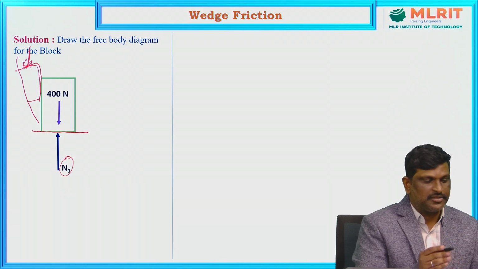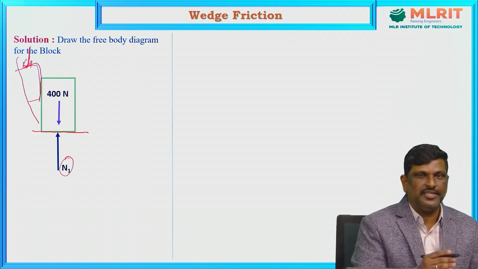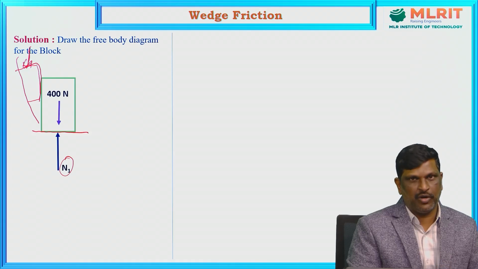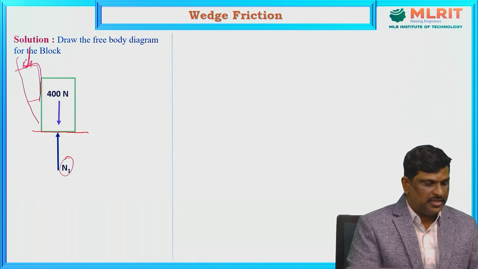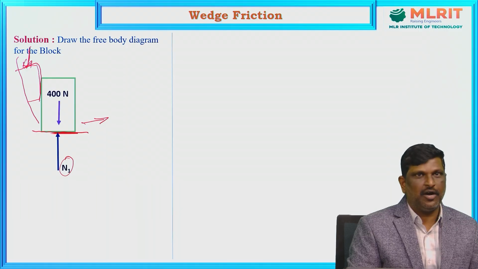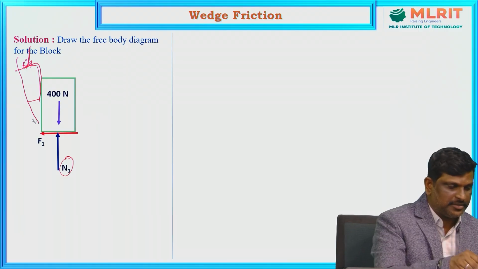If the body is tending to move towards the right side, the friction will always be opposite to the direction of the motion or impending motion. So the friction is in the opposite direction, that is towards the left side at the contact surface.